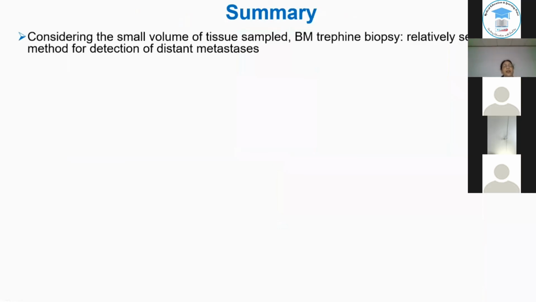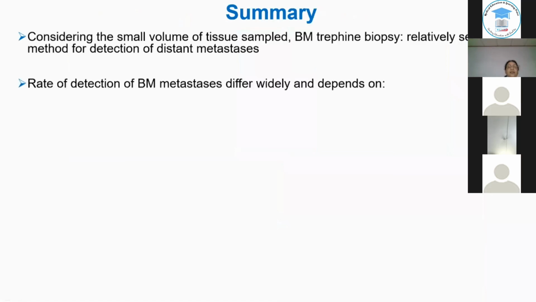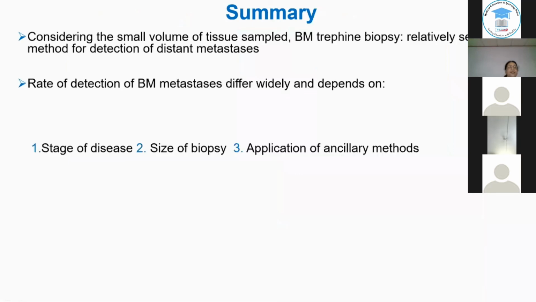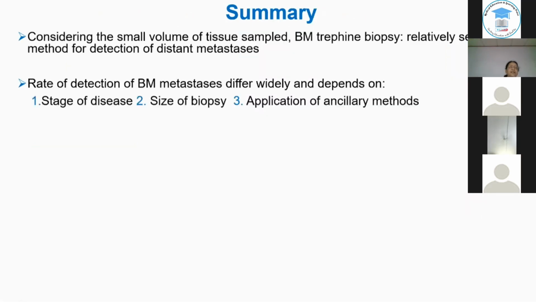So to summarize, considering the small volume of the tissue sample, the bone marrow trephine biopsy is a relatively sensitive method for detection of distant metastasis. But the rate of detection in bone marrow differs widely and depends on the stage of the disease, size of the biopsy, application of ancillary methods.